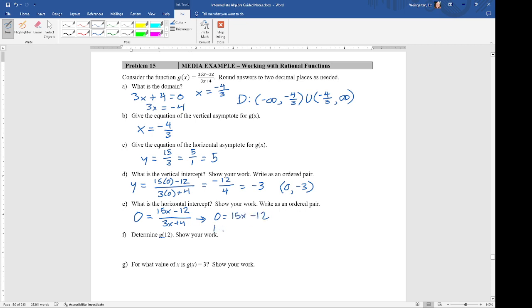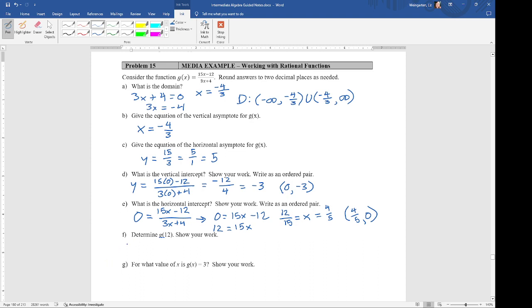Add 12 to both sides. Divide both sides by 15. Both top and bottom are divisible by 3, so we end up with 4/5. So our horizontal intercept is going to be at (4/5, 0).